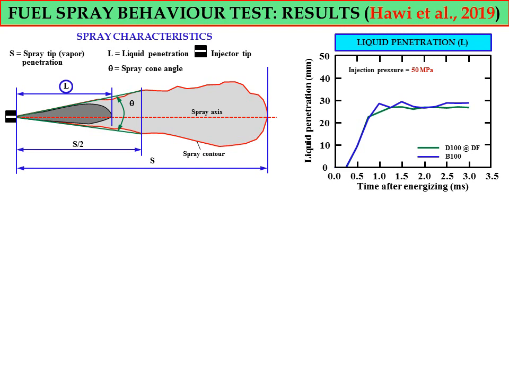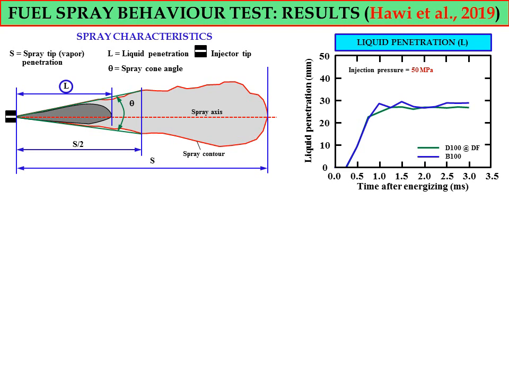So obviously you can see that at the beginning, before around 0.8 or 0.7 millisecond, the liquid penetration is the same for B100 and also D100.